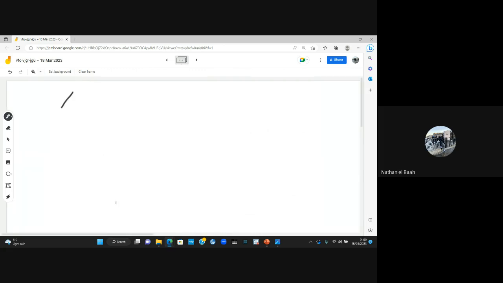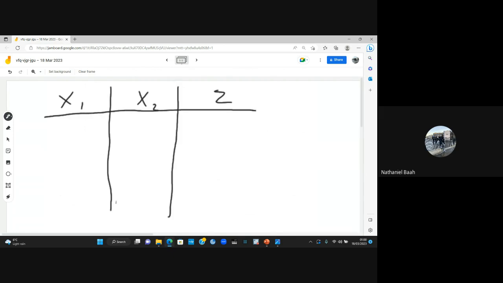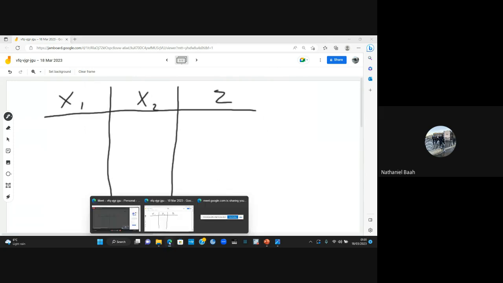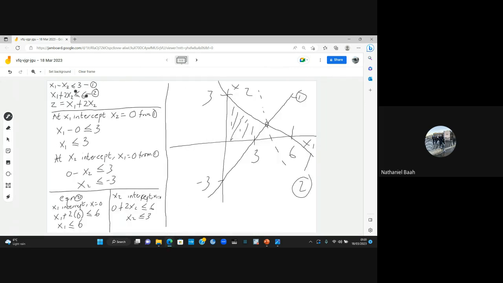You have x1, you have x2, then we have z. So I'm going to draw a table. So now I am going to use equation 1 here. Another person can also use equation 2. There's no difference, right? You would still end up getting the same end result.